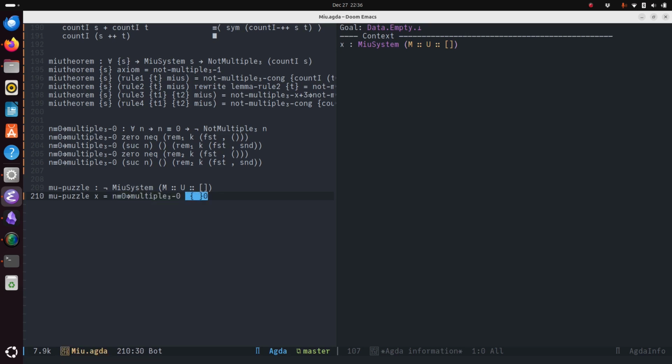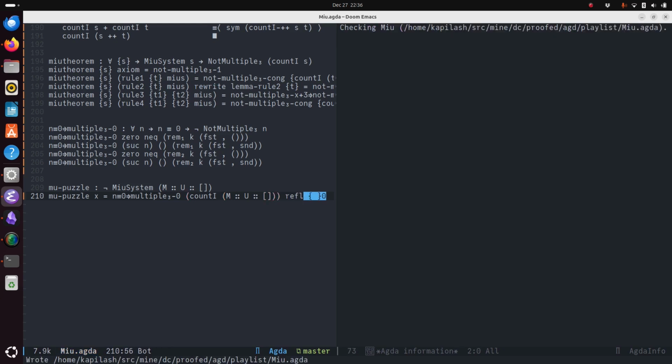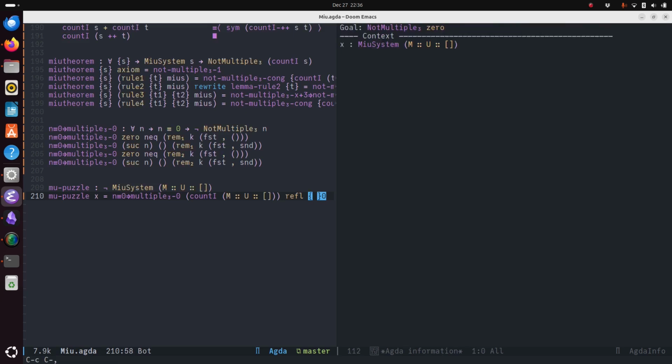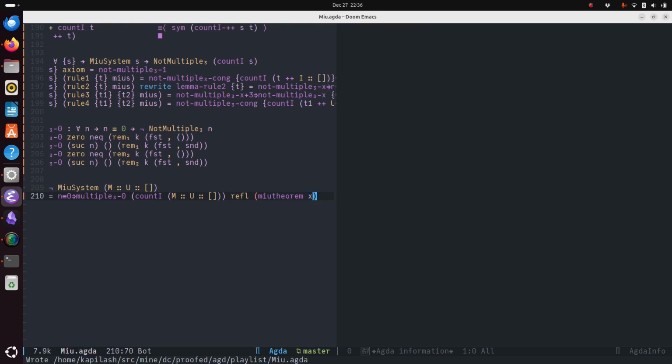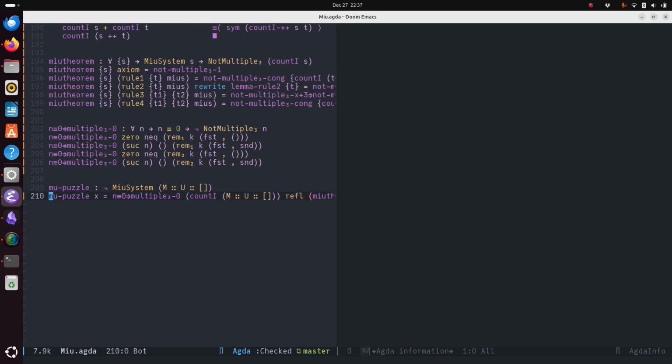Now we can use our proof of our MIU theorem. Right. So finally, we have now proved that the string MU does not belong to the MIU system.